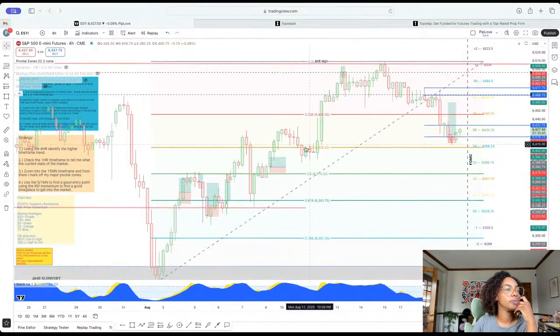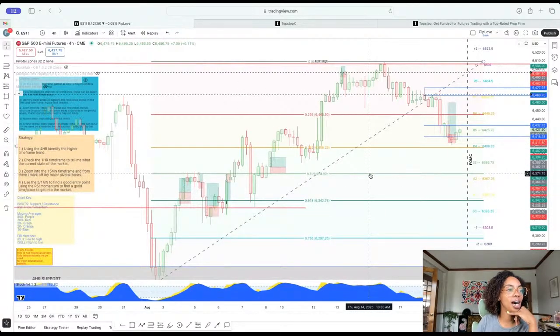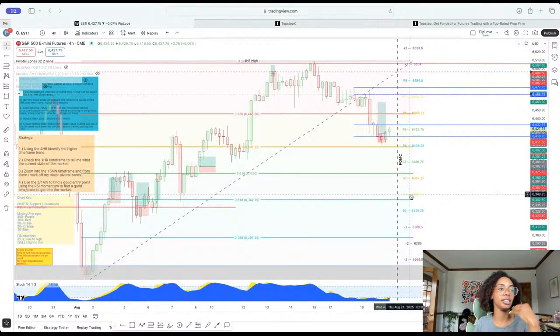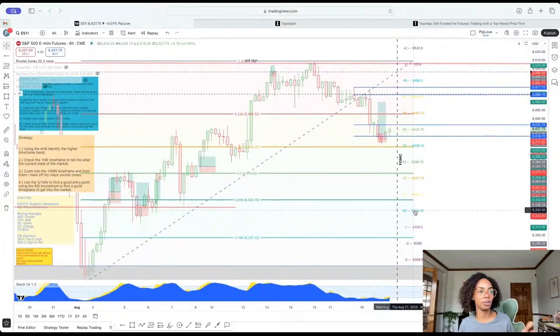Alrighty, so I see 63.75 to 63.42. That's my 61.8 and the 50 level here within my Fibonacci. That's also where my S1, S0 levels are on my pivotal zones.